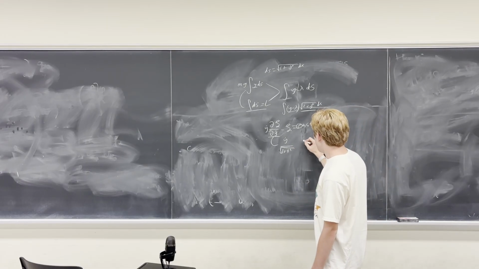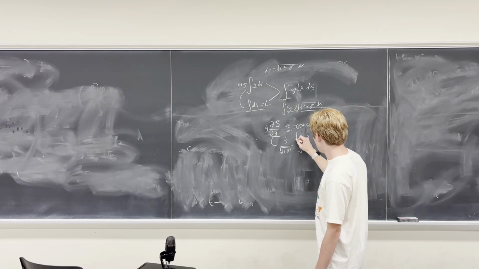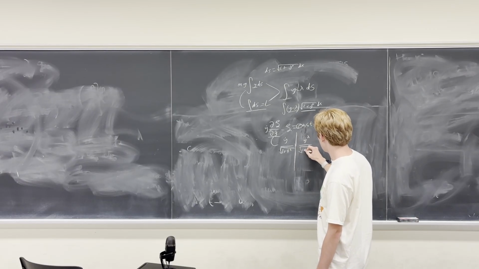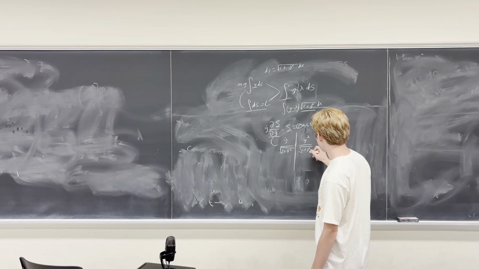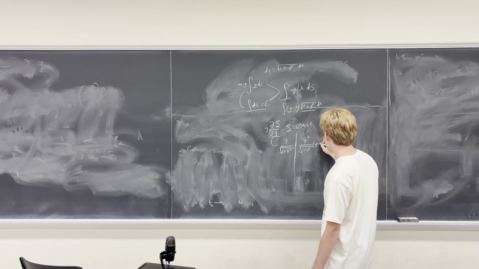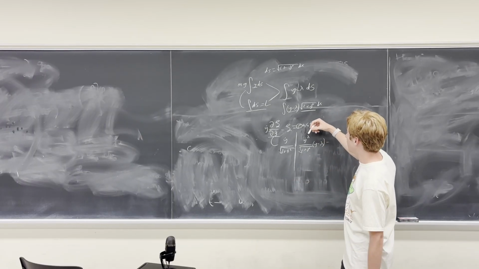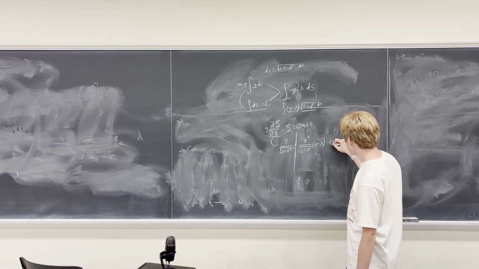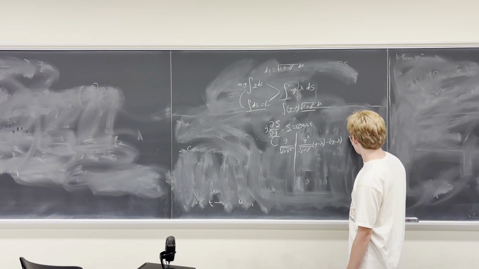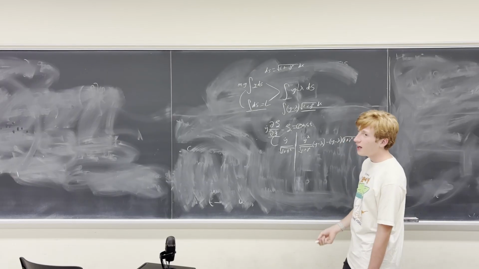So we end up with y dot squared over the square root of 1 plus y dot squared, times y minus lambda, minus just the Lagrangian itself. So this bit right here, y minus lambda times the square root of 1 plus y dot squared, is equal to some constant. I'm going to just call it a.